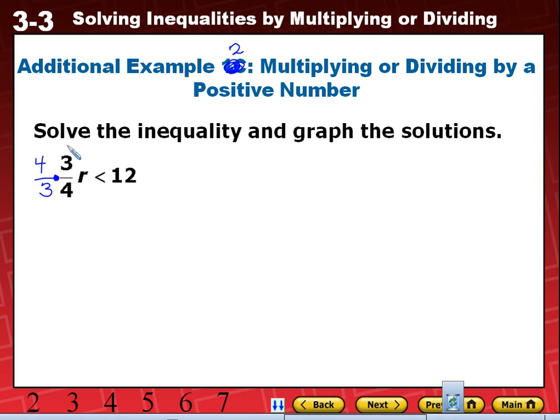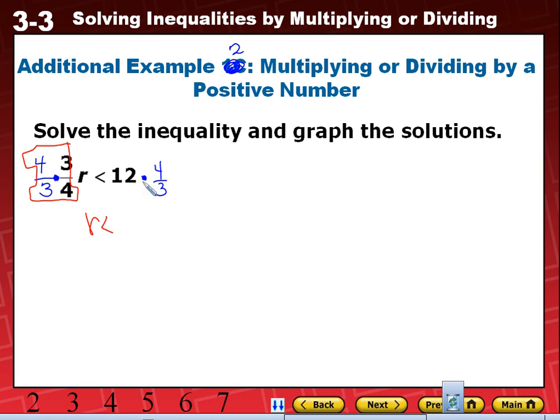So what is 12 divided by 12? Yep, it's 1. We know that this is 1. So what is 1 times r? r. And whatever we did to one side, we need to do to the other side. So I need to multiply this side times the reciprocal of 3/4, which is 4 over 3.